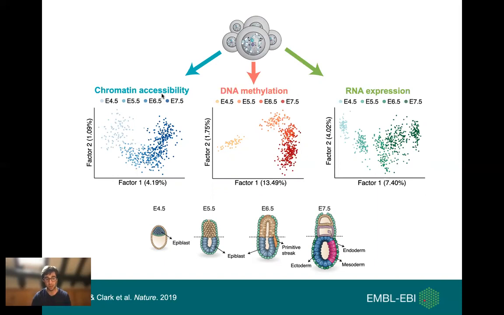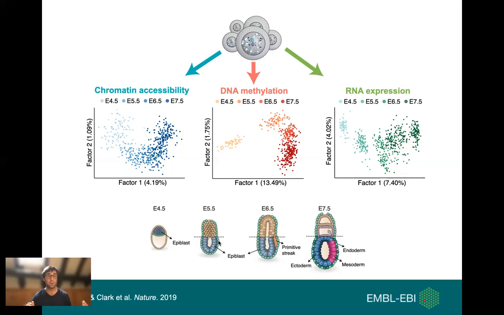It's an extremely exciting technology that we applied in the context of mouse gastrulation. Here, it's essentially an embryo that develops from a relatively homogeneous epiblast and then undergoes what is called germ layer formation. That means that the epiblast transforms into the endoderm, the ectoderm, and the mesoderm. And we have these three modalities derived from the same cell.